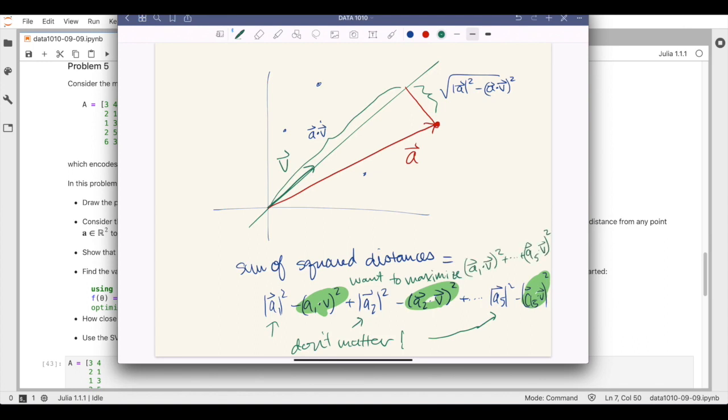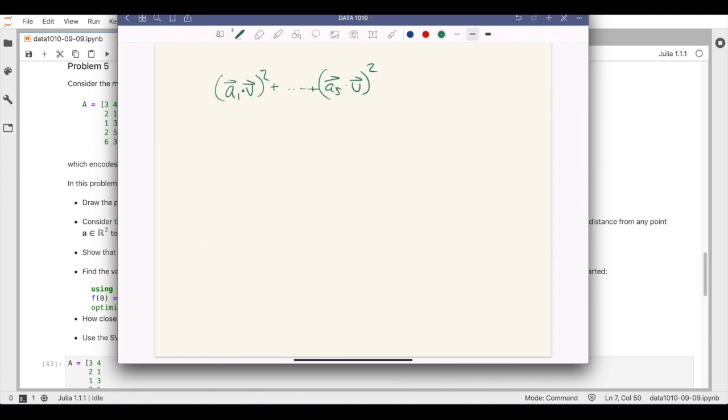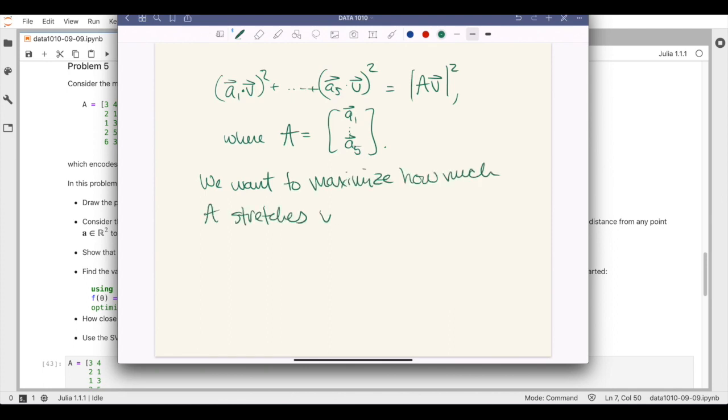However, note that that expression can also be rewritten as the squared norm of Av, where A is the matrix whose rows are a1 up to a5. So in other words, we want to maximize how much A stretches a unit vector v, and we've already seen that the singular value decomposition tells us something about that.